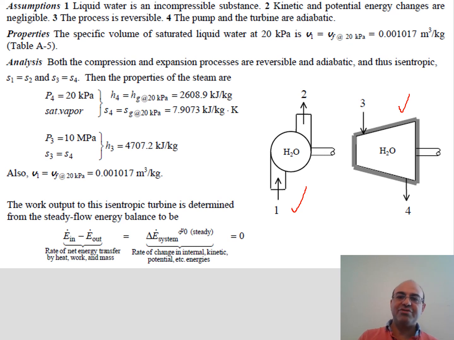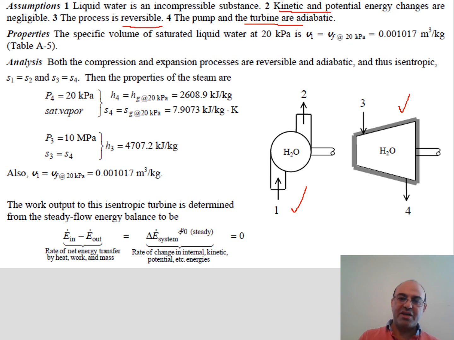So kinetic and potential energies are negligible. We need to write it down. And the process is reversible in the turbine and in the pump. And they are also adiabatic. Therefore, the pump and the turbine are isentropic. We must write these assumptions down.